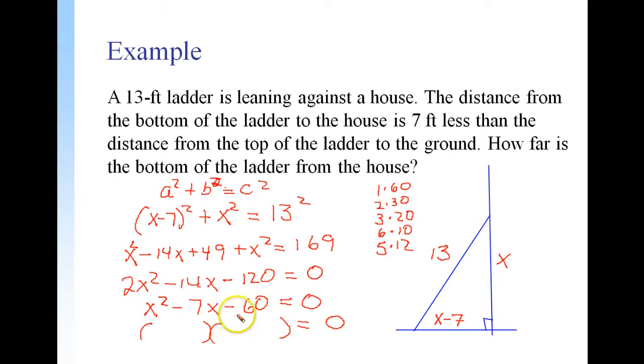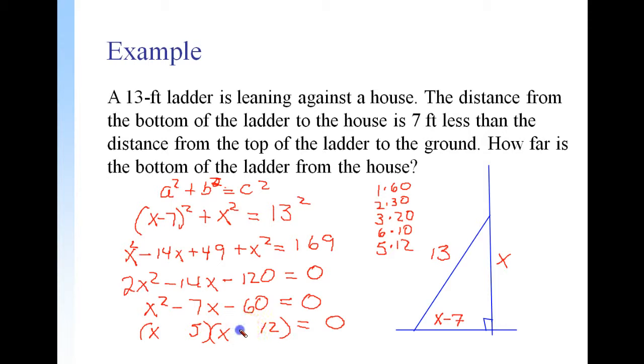And then now I have to factor this. So this is going to be an x and an x. And I want factors of 60 that have a difference of 7. And what I did is I did some of my mental gymnastics over here. And I got a 5 and a 12. And that's a difference of 7.